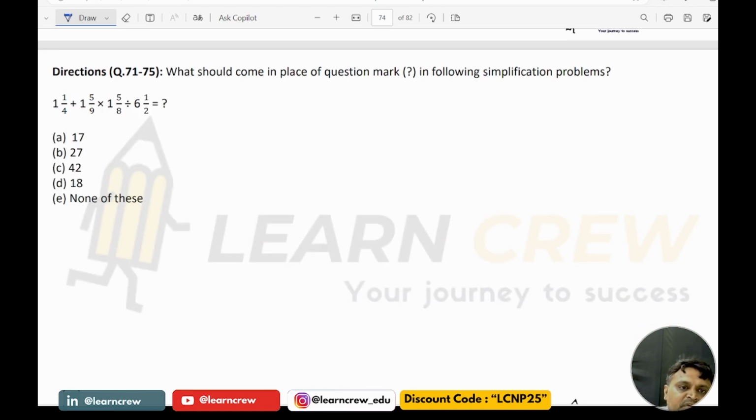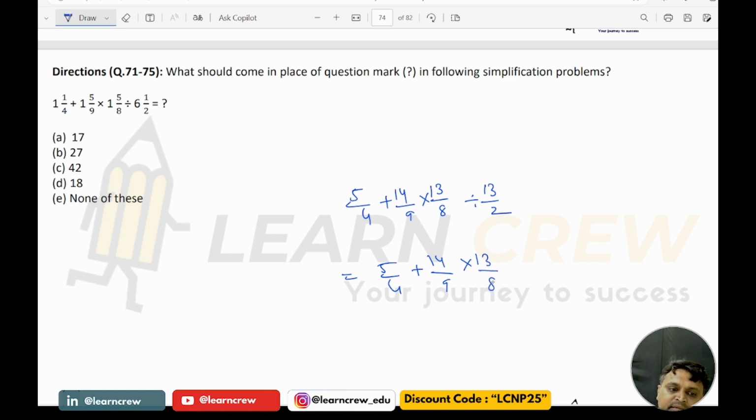1 by 4 plus 1 5 by 9 plus 1 5 by 8 plus 6 and half. If you simplify this, 5 by 4 plus 14 by 9 into 13 by 8 divided by 13 by 2. If you simplify this further, it becomes 2 by 13. 13 cancel.